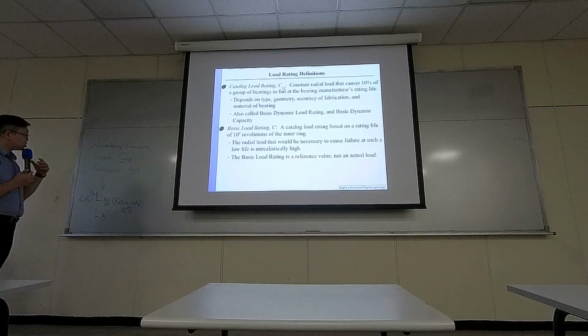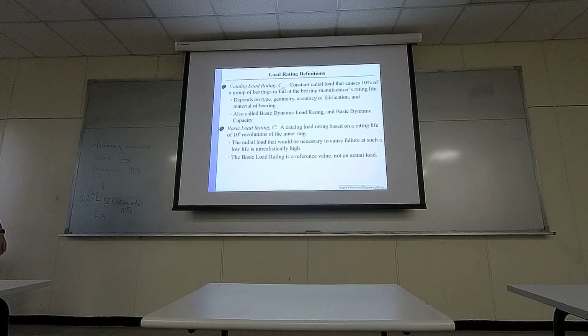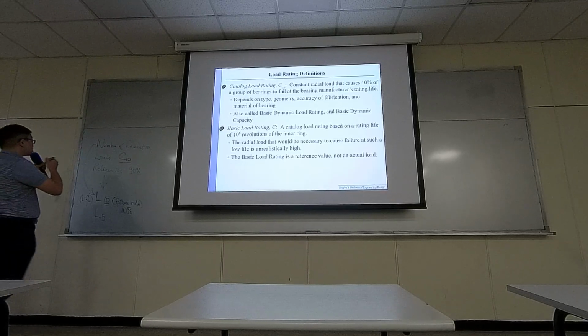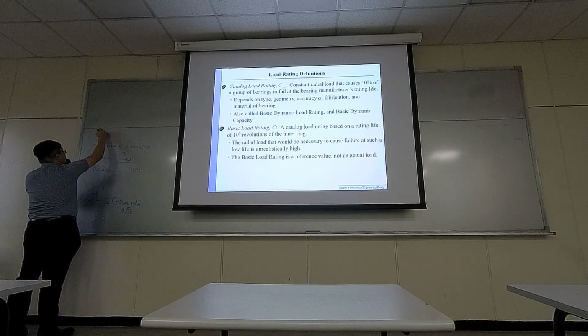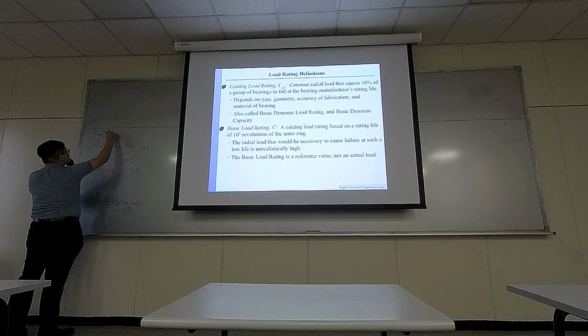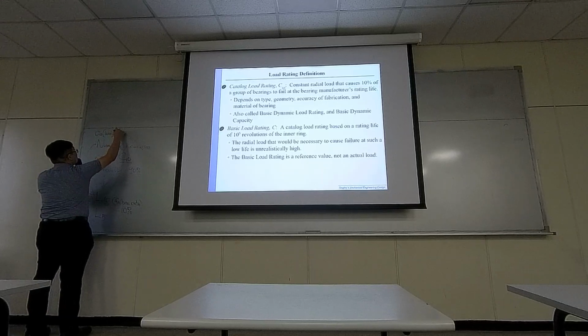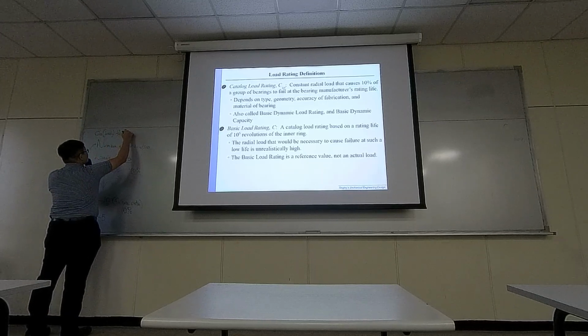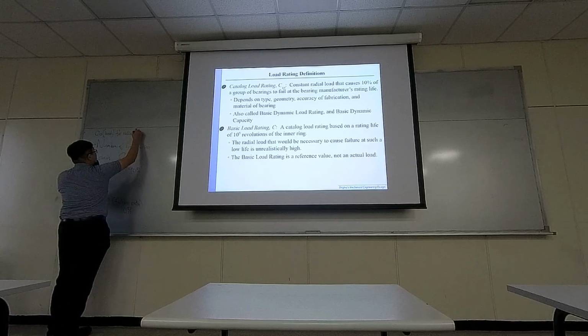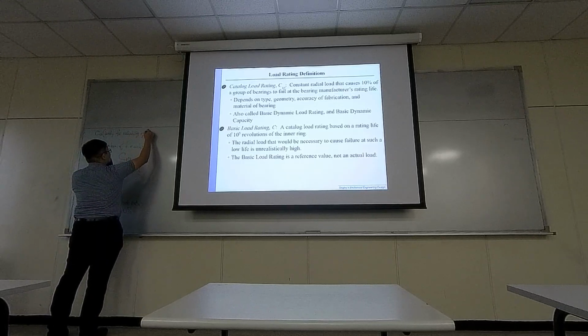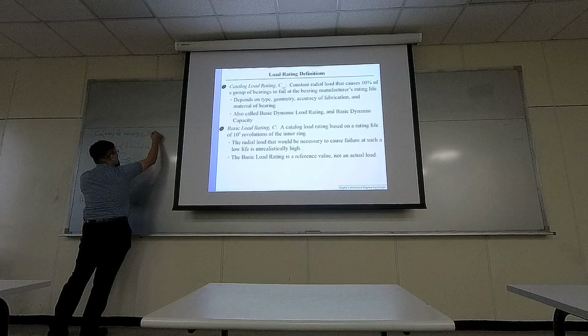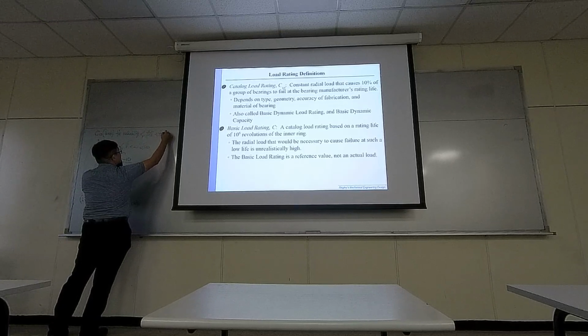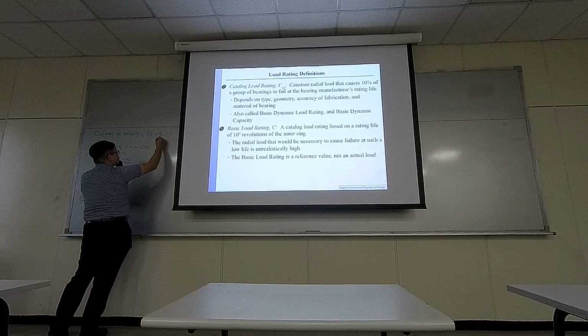So usually C10 is given for a certain number of revolutions. C10 is a certain amount of load for a reliability of 90% after 10 to the power of 6 revolutions.